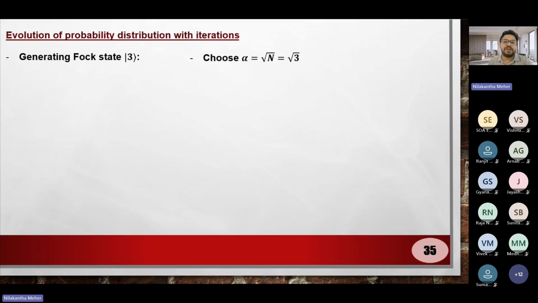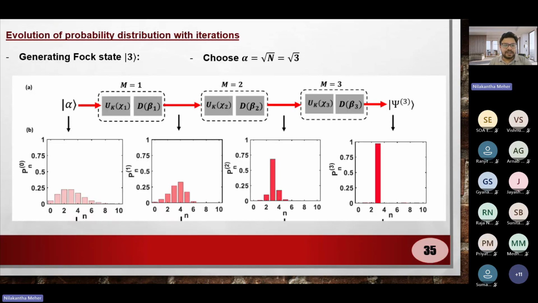I'll show you how this probability distribution evolves for a given example. Suppose I want to generate Fock state 3. So I choose alpha equal to √n, that is √3. You can see here this alpha goes through three iterations: m equal to 1, that is U(chi 1), Kerr unitary, then displacement, again another iteration, and a third iteration. You can see the probability distribution here. This is the initial distribution, the coherent state Poisson distribution with alpha equal to √3.